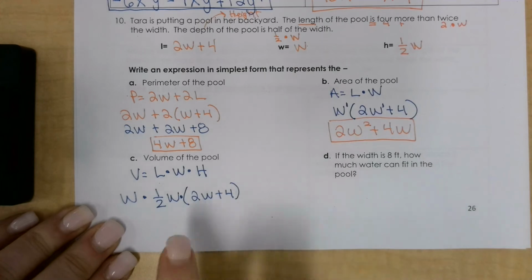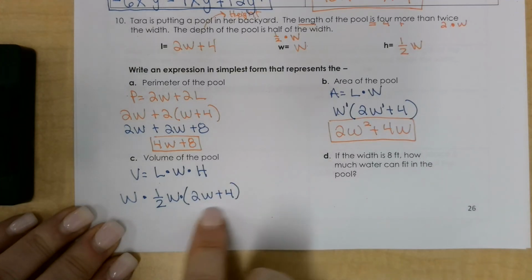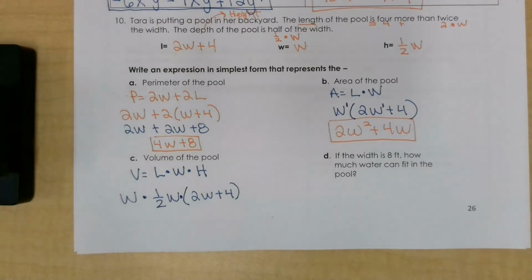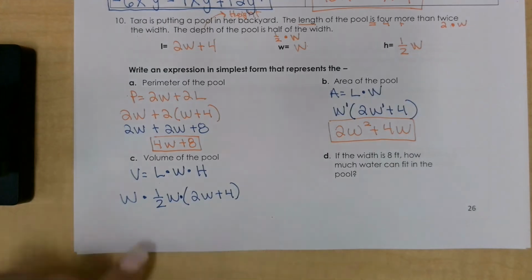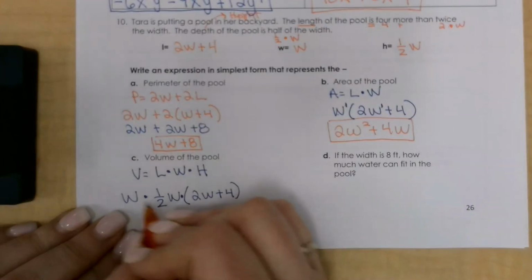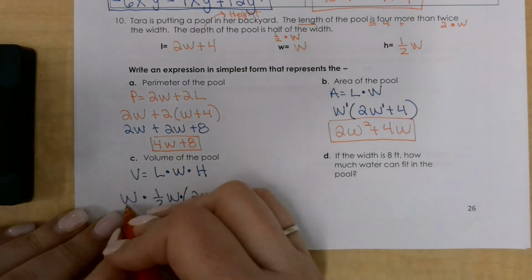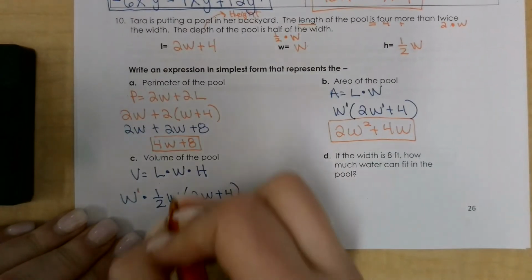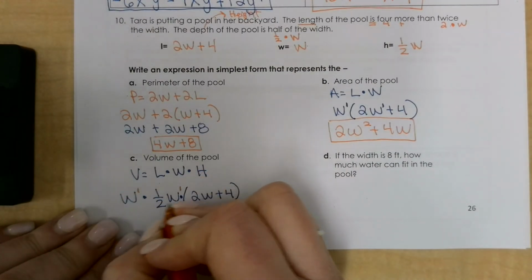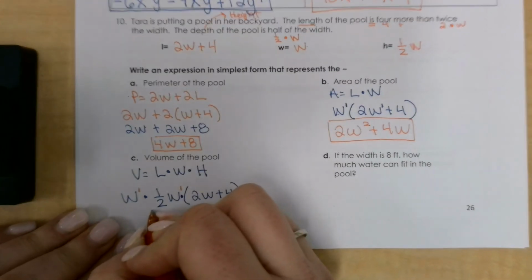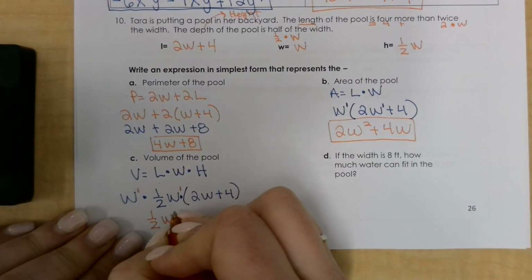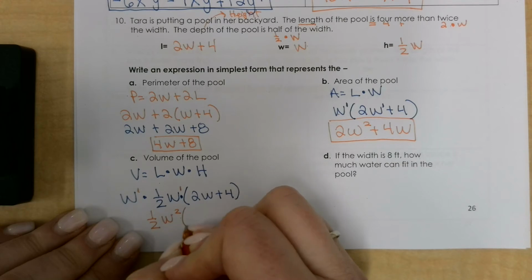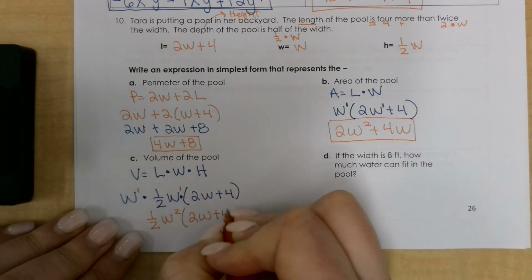And I'm going to make sure I put that in parentheses because that is a binomial. It's got to be counted as one factor. So I'm going to multiply the factors that don't have addition in them first. So I have W to the first times 1/2 W to the first. So that's going to be 1/2 W squared. Now I'm times 2W plus 4.